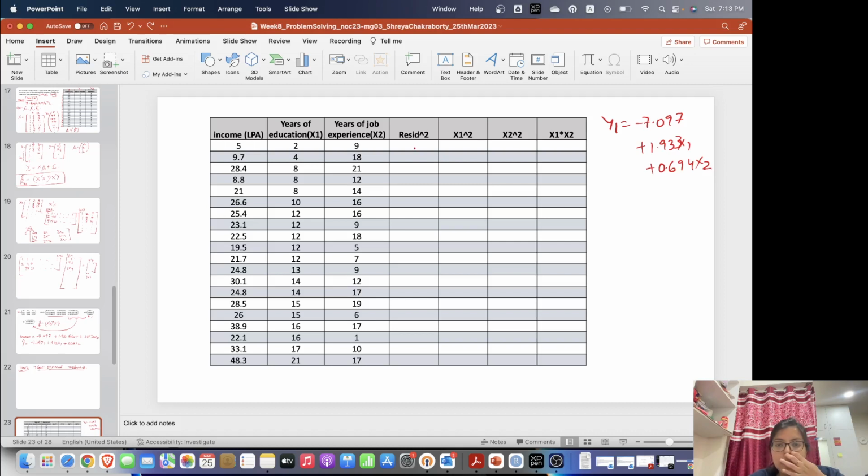So how we are going to calculate the residual is, let's say the y predicted for the first observation. I am doing it for the first observation. Okay, so the y predicted for the first observation would be minus 7.097 plus 1.933 into 2 plus 0.694 into 9. How much are we getting this? Can you please calculate?